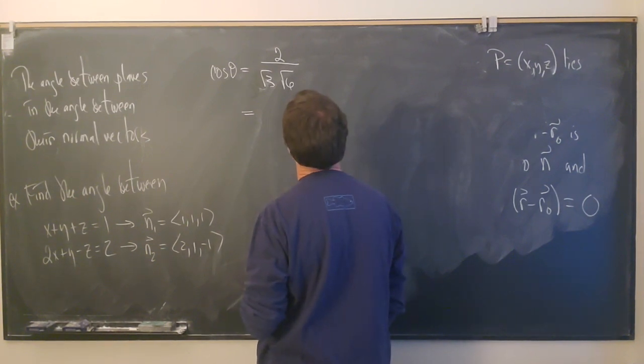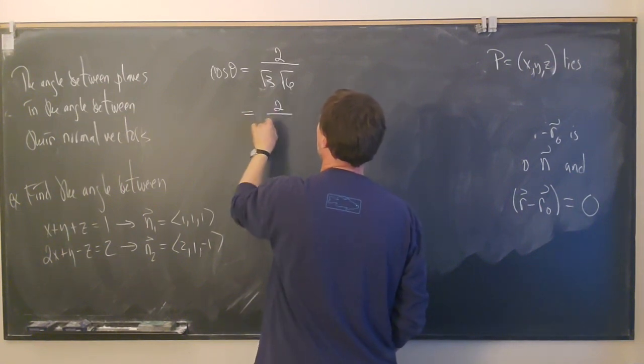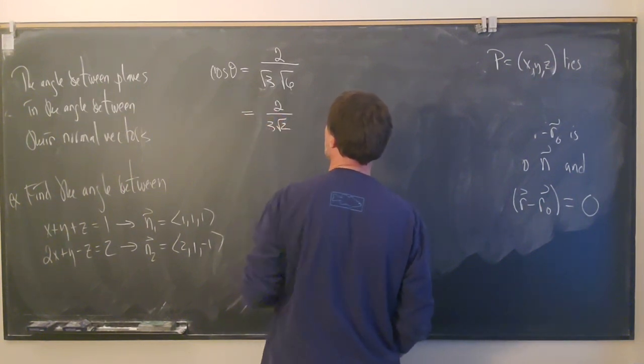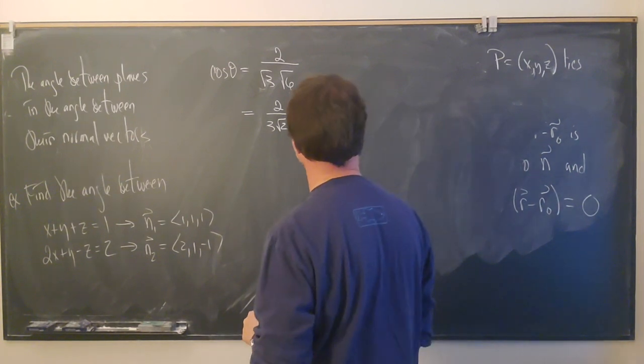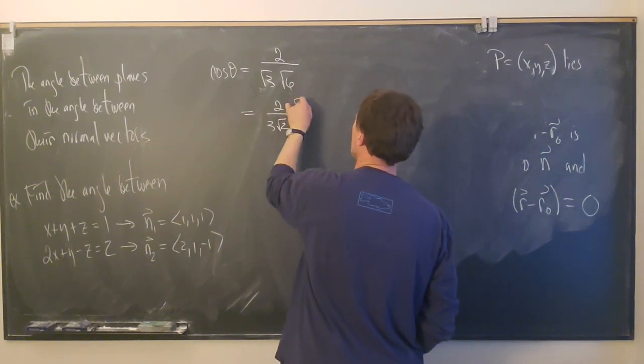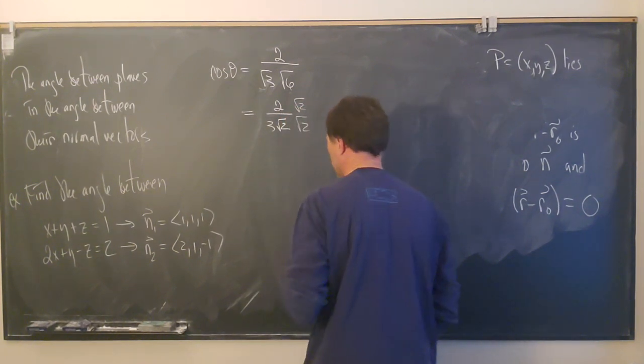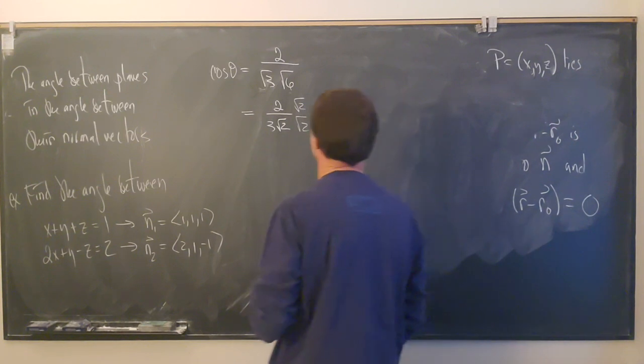So what is that? That's 2 over 3 root 2. Does that come out to be anything nice? Root 2. Yeah, okay, this is not a nice angle.